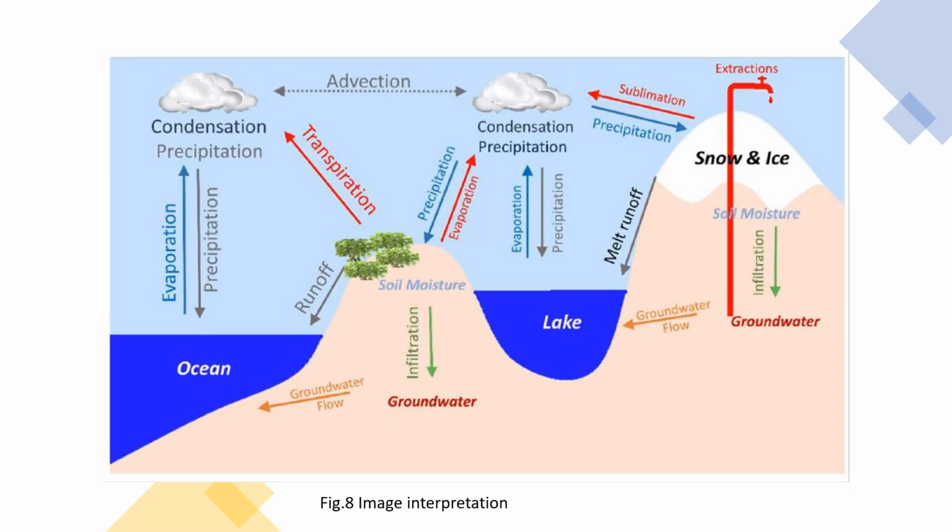Moving to the next, here is the image interpretation. How will image interpretation happen, for example through aerial photographs? An aerial photograph basically gives a detailed explanation of the geological terrain, in which evaporation and precipitation happen through the ocean, with condensation, transpiration through the plants, runoff of water over the soil, and infiltration through the soil to recharge the groundwater.